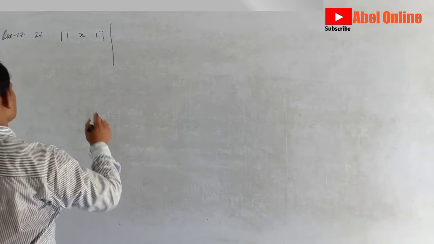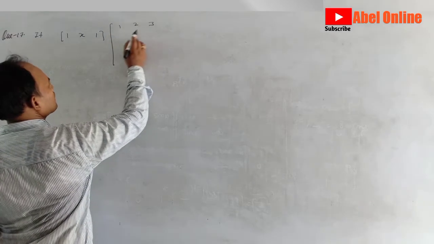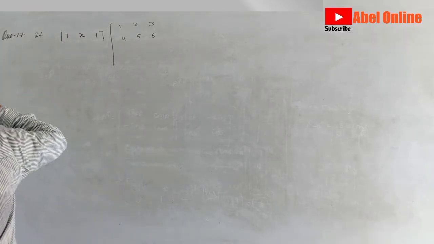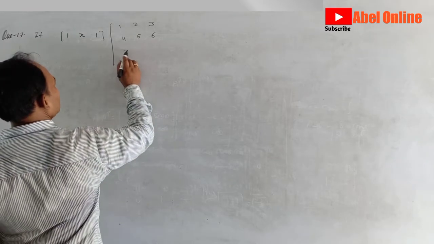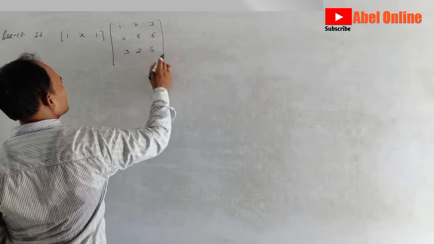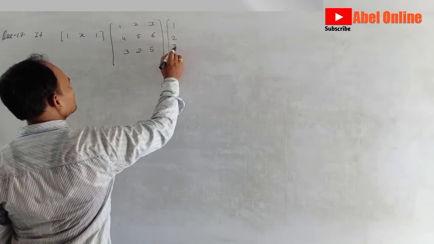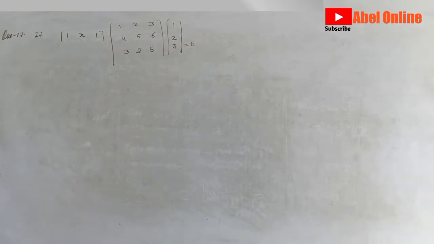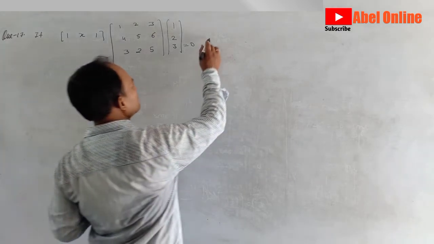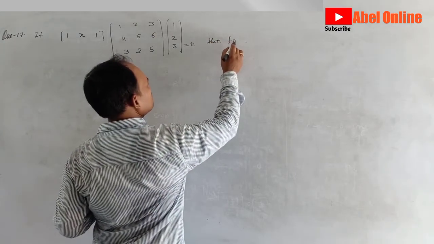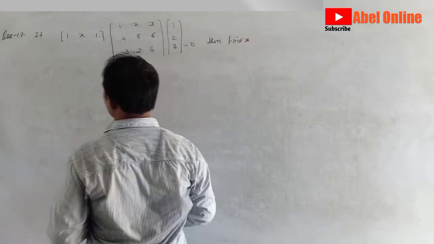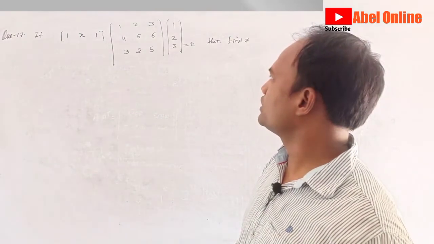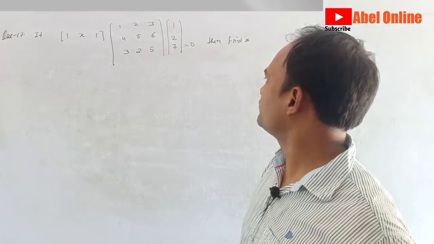Now the question: if the matrix [1 x 1] times the matrix with rows 1 2 3, 4 5 6, 3 2 5, times the column 1 2 3 equals 0, then find x.